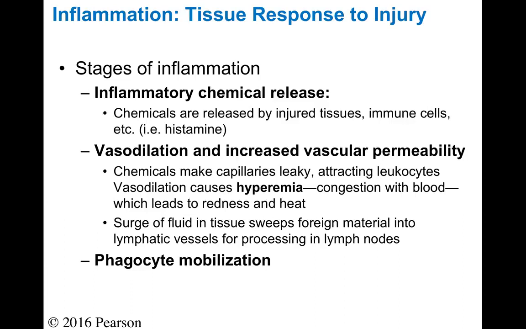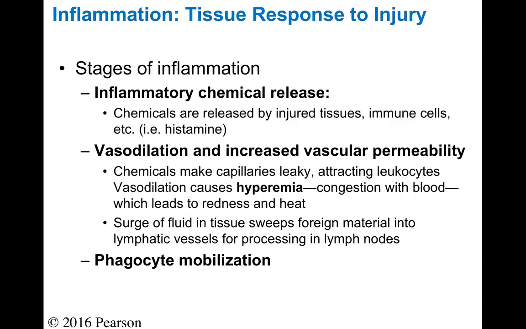First of all, when there is damage to your tissue, which basically means your first line of innate immunity is compromised, inflammatory chemicals are released by the damaged tissue, including histamine, which basically triggers inflammation. And that causes the blood vessels within that region to open up, or vasodilate.